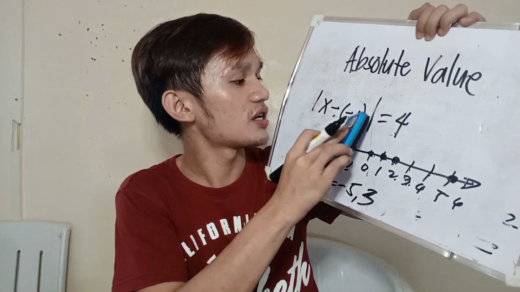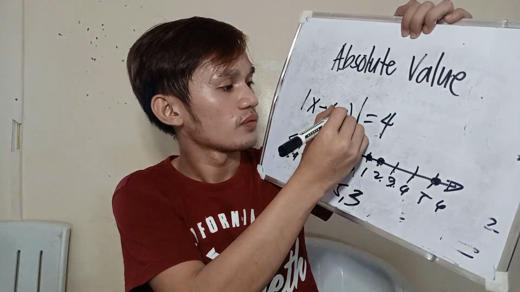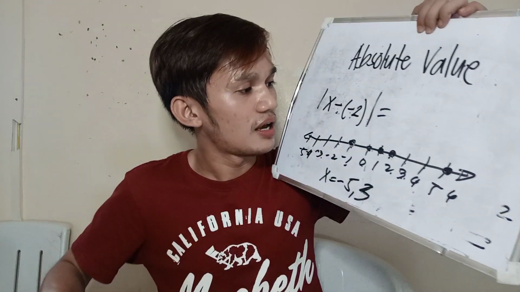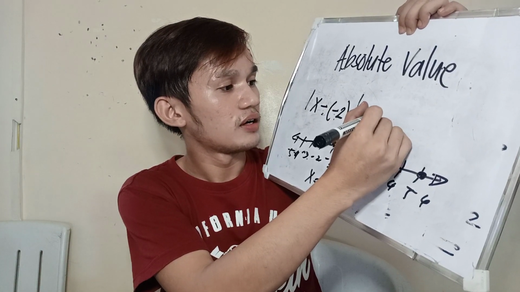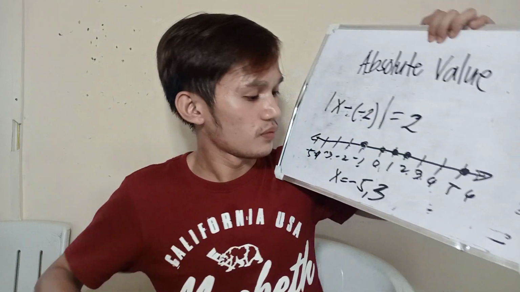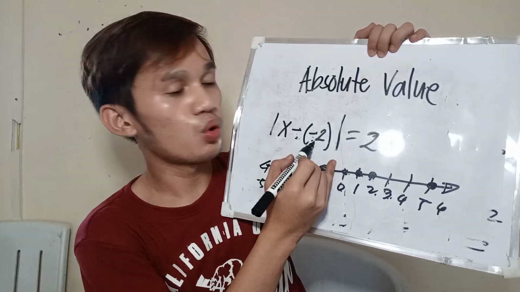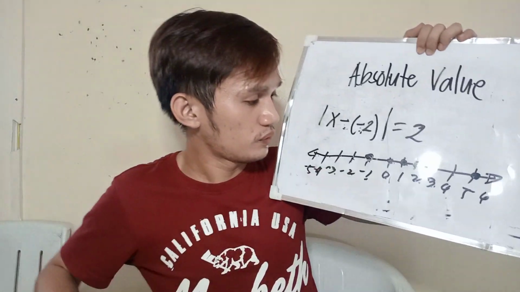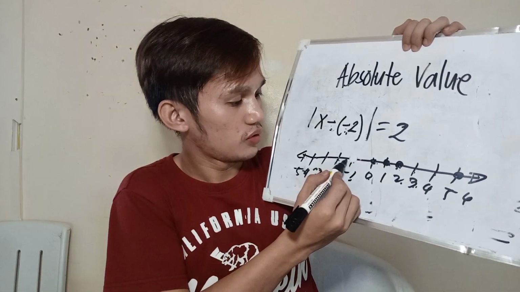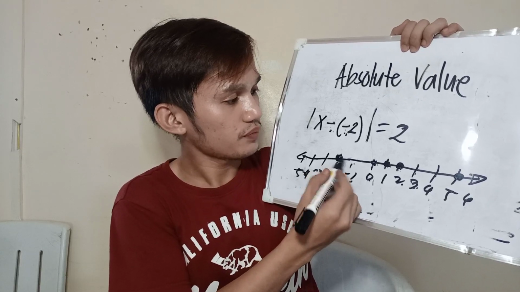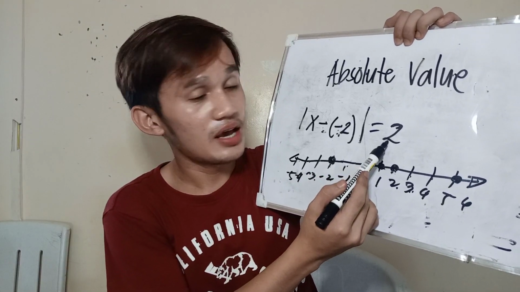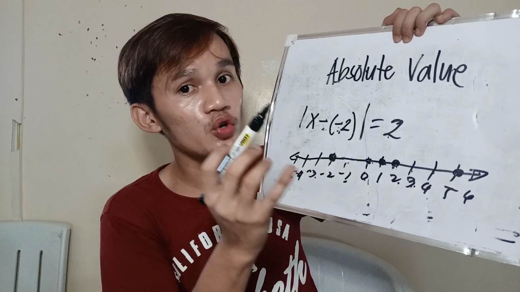How about if this is negative 2, and then that is, let's say, 2. So from negative 2, you're going to count 2 units away.